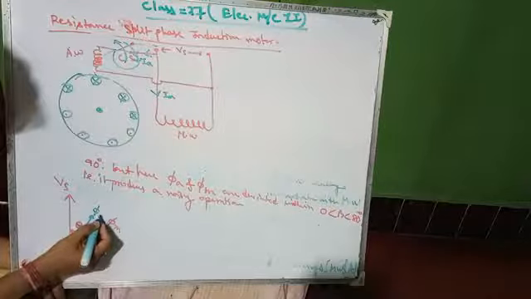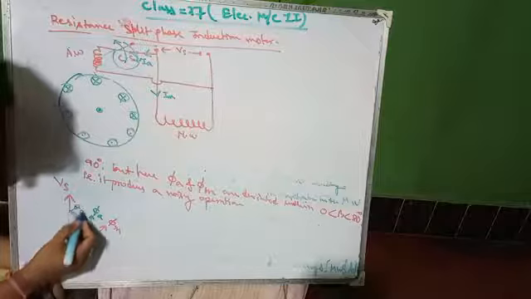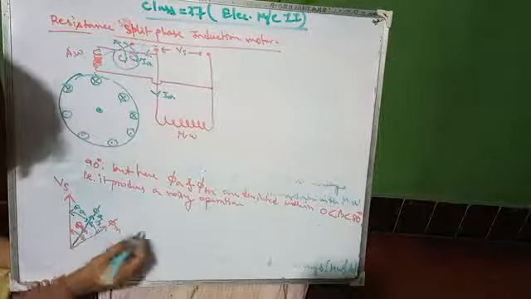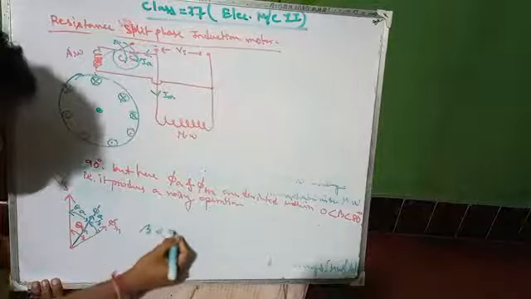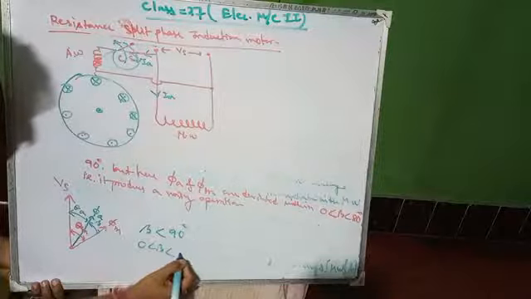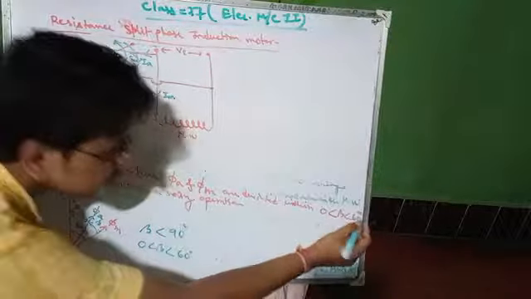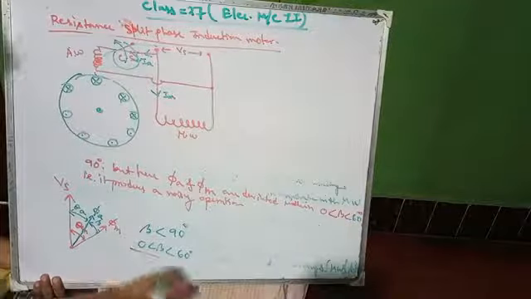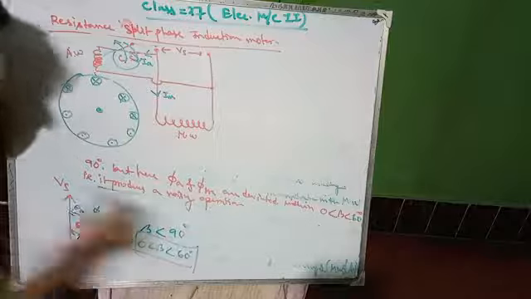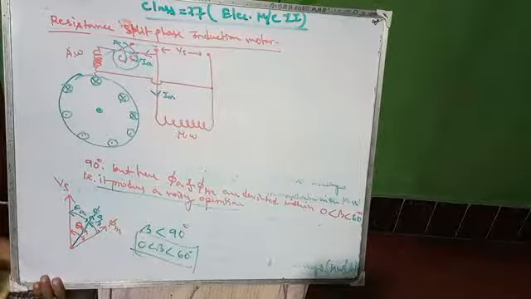This is phi A, this angle is theta a, and this is your beta. Beta is always less than 90 degrees, some 60 or 70 degrees, maximum, not 80 degrees. So we are taking it in the range 0 to 60. As it is less than 90, it is a noisy operation.